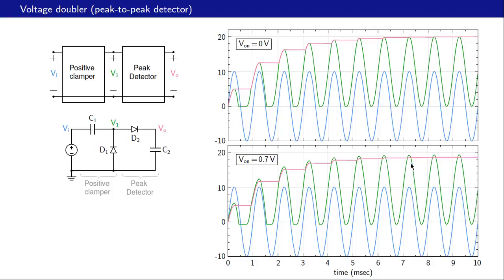Also, the peak detector does not detect the peak of V1, but its output is the peak of V1 minus 0.7. So we have two diode voltage drops involved, and therefore the output, the pink line here, is 2 Vm, which is 20 volts, minus 1.4 volts. And a circuit file is available to you to run this simulation and look at the various waveforms.